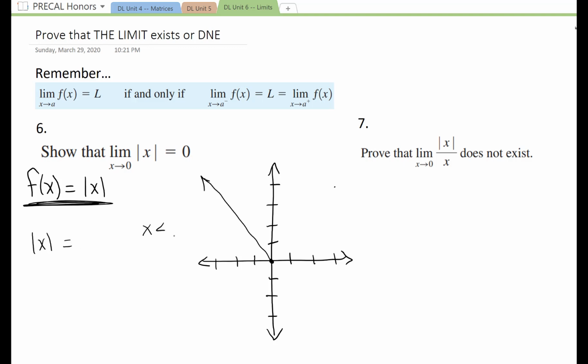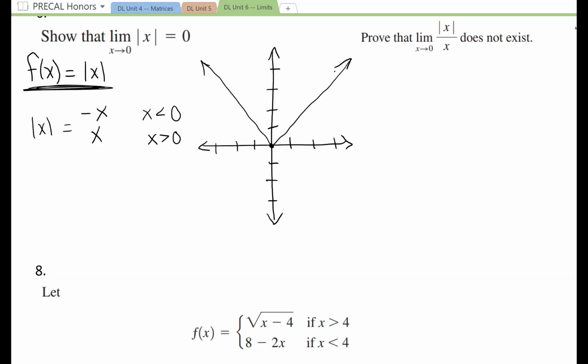So when x is less than 0, we follow the line negative x. But when x is greater than 0, we follow the positive line of positive x.